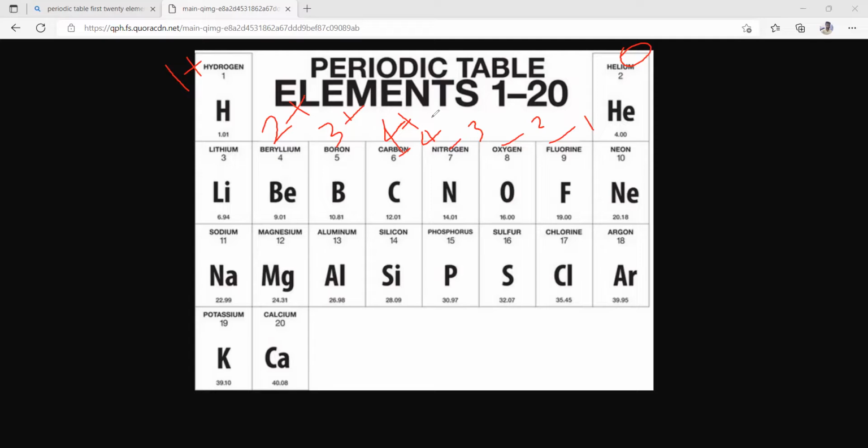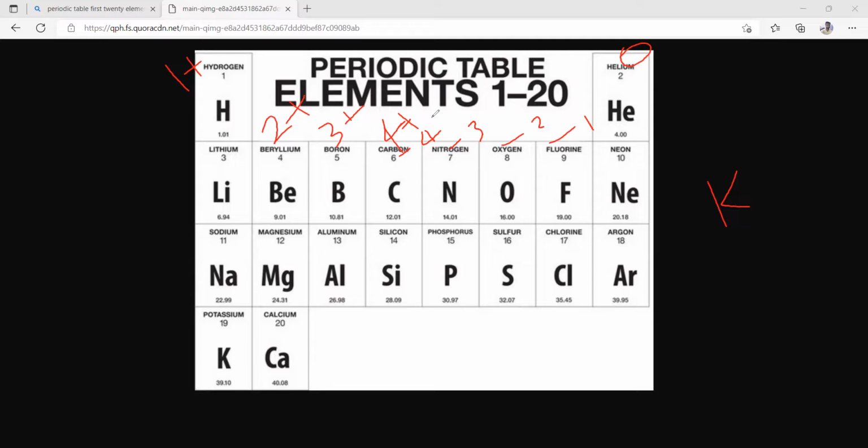So if I am going to ask you about potassium, what is the charge of the element potassium? How can we find the potassium charge?